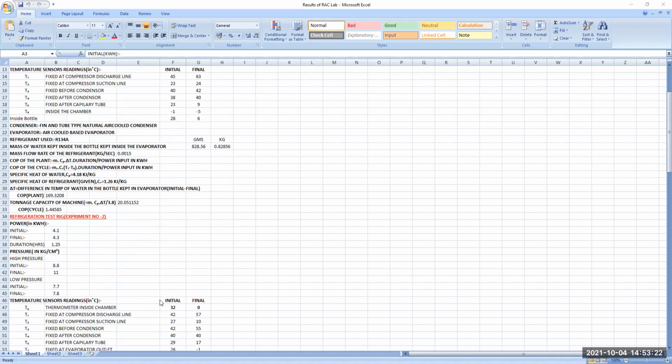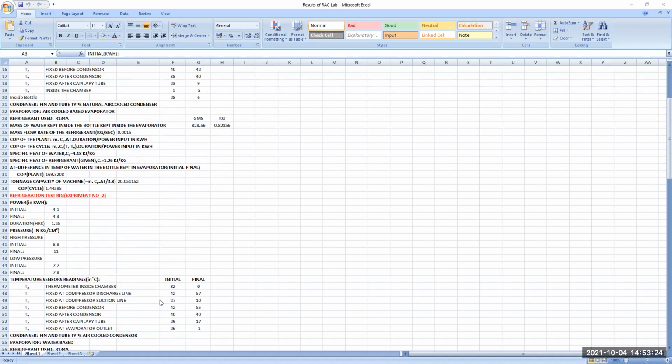Now, in the second compressor system, what we have seen is that the power input was initially 4.1, and finally it was 4.3.